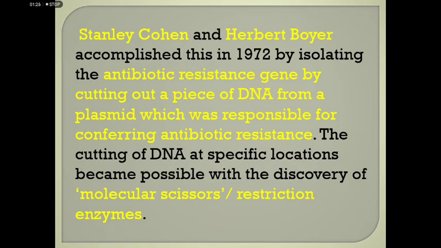Stanley Cohen and Herbert Boyer accomplished this in 1972 by isolating the antibiotic resistant genes, by cutting out a piece of DNA from a plasmid which was responsible for conferring antibiotic resistance. That means these two scientists identified these plasmids, and also identified that plasmids provide antibiotic resistance.